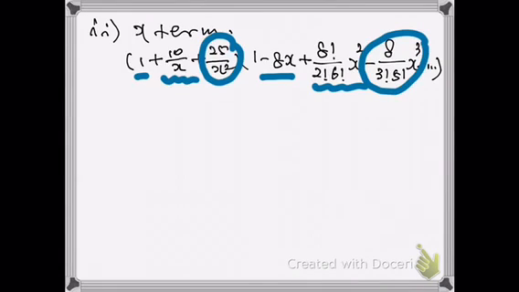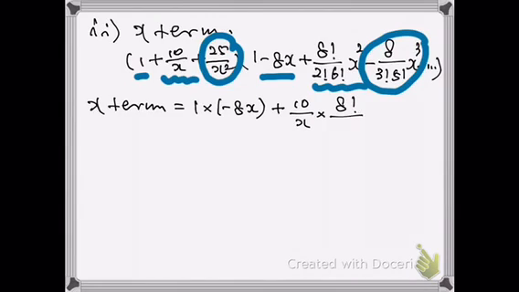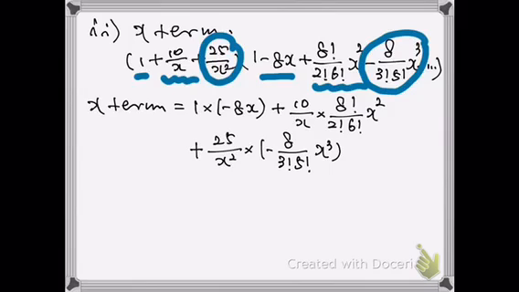So I'll just write down here: equals 1 times negative 8x, plus 10/x times 8!/(2!6!) x^2, plus 25/x^2 times negative 8!/(3!5!) x^3. That gives you the x term.